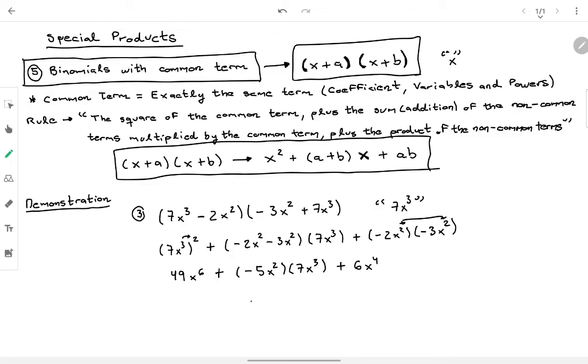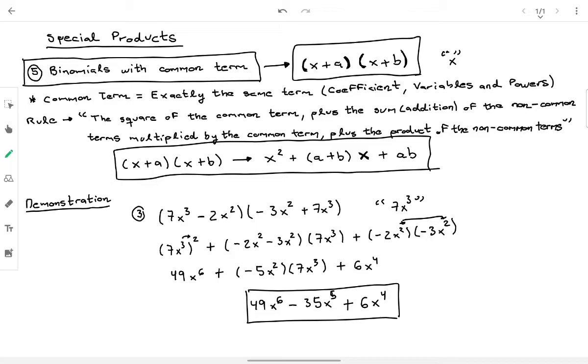So the final answer is going to be 49x to the 6 minus 35x to the 5th plus 6x to the 4th. And this is going to be our final and ordered answer. So in this case, it's the same: the common term squared plus the addition of the non-common terms multiplied by the common term plus the multiplication of the non-common terms. So let's see another example.